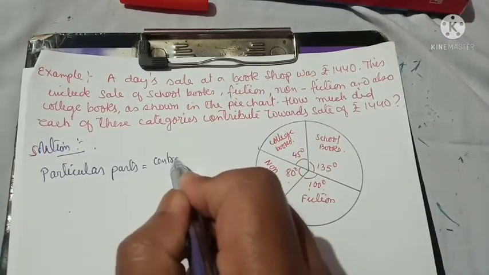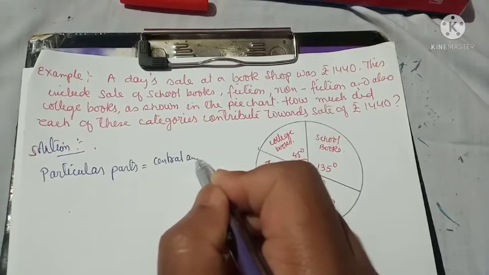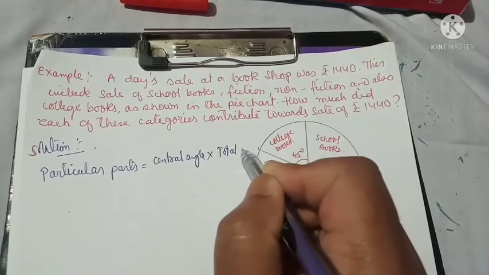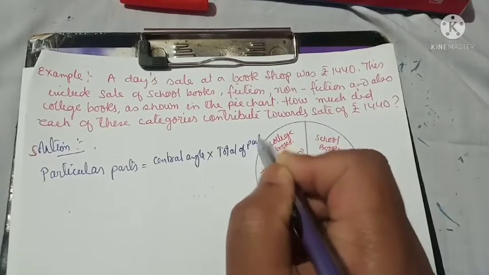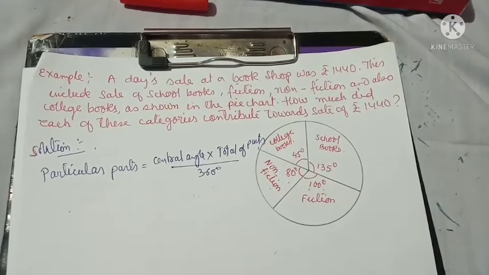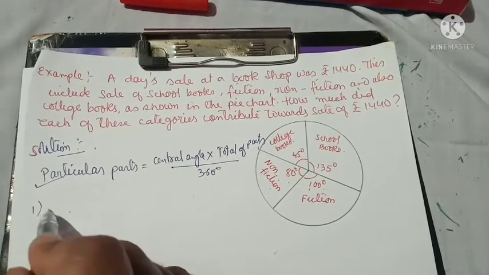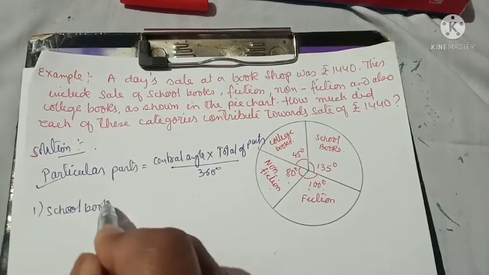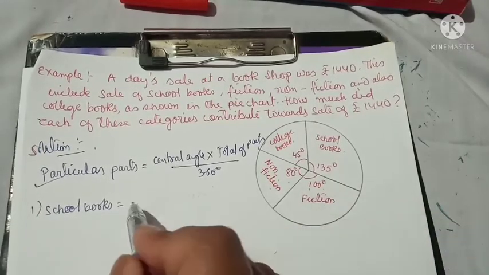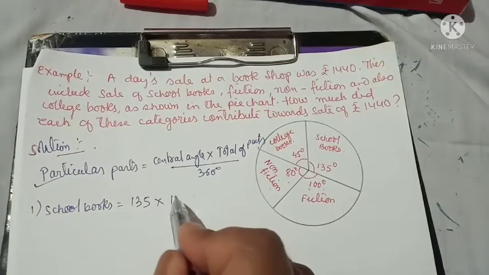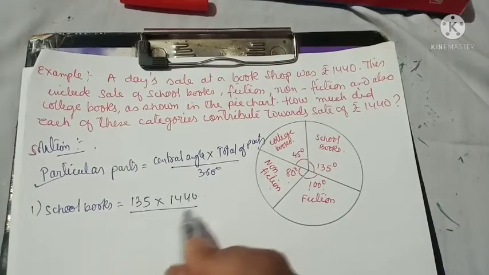Central angle into total of parts divided by 360. This is the formula to find out the particular part. So the first one, that is school book. Central angle is 135 degree into the part, 1440 divided by 360.